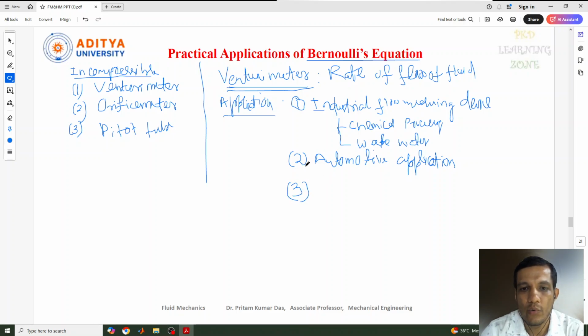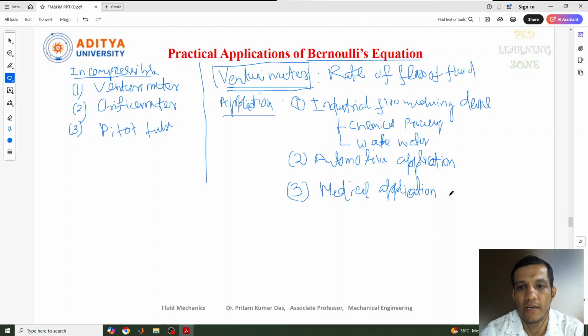Next, this venturimeter can also be used in medical applications, where there is blood circulation or blood flow. There you can use this venturimeter also.